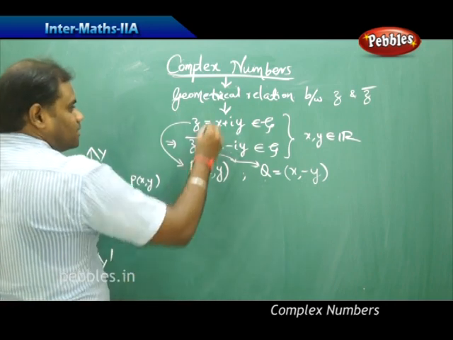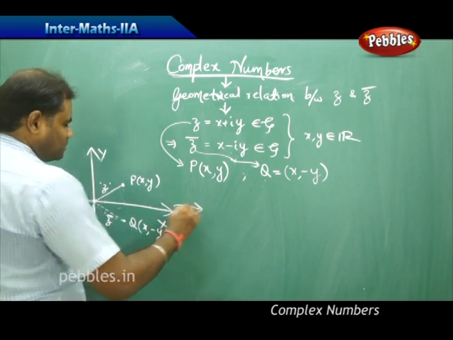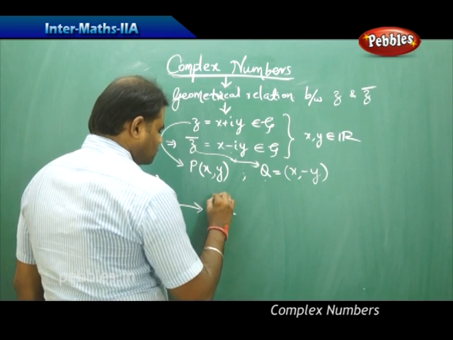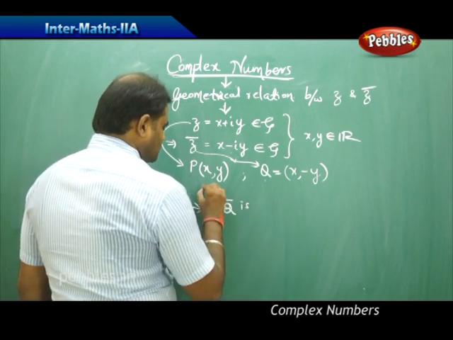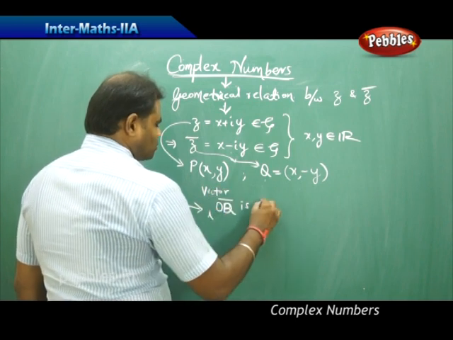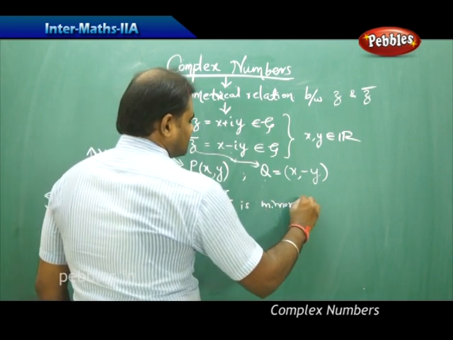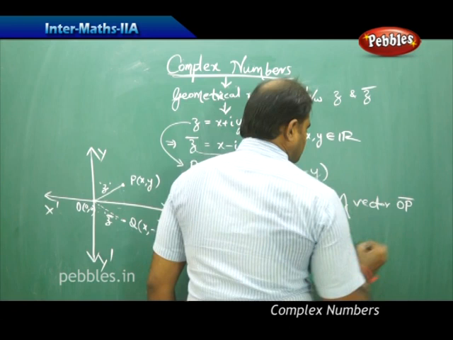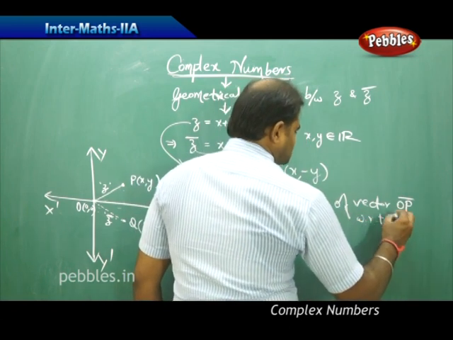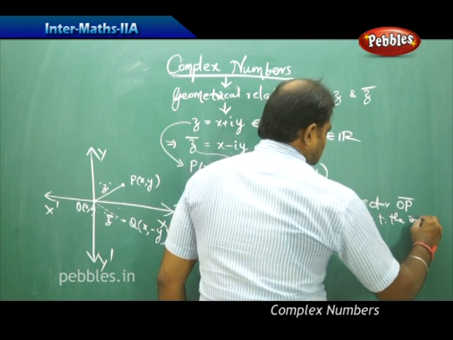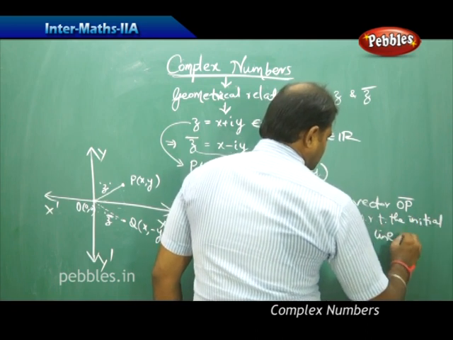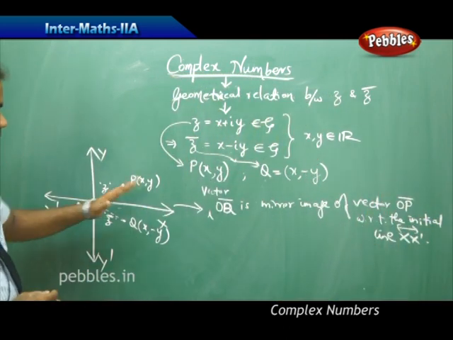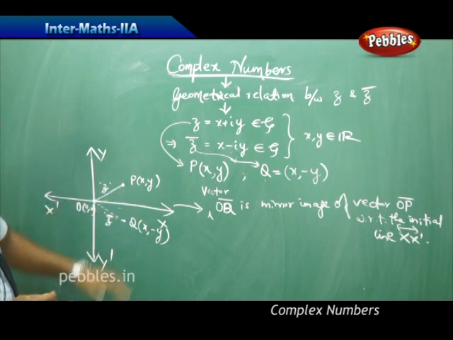So my geometrical relation between z and z bar concludes from the Argand plane that vector OQ is the mirror image of vector OP with respect to the initial line x dash. That is, if I take this as the mirror, then this is the mirror image of this and this is the mirror image of this.